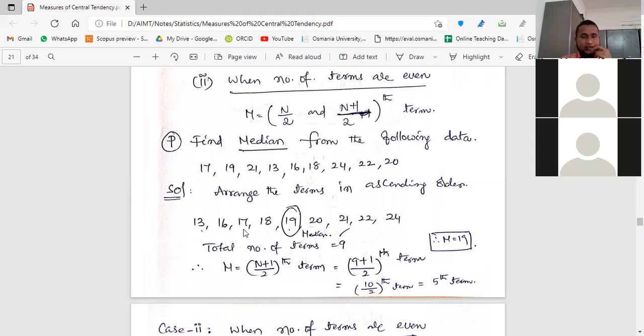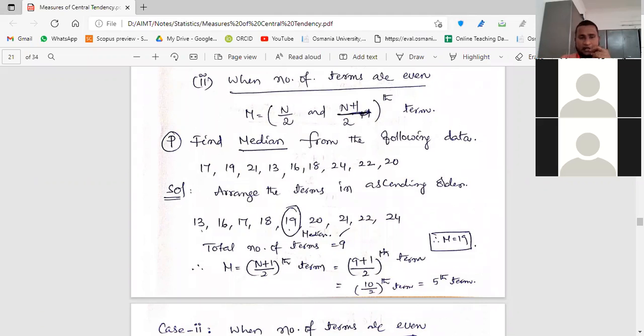So median is dividing the series into equal parts. When the 5th term is the median, on the left hand side you will find 4 terms and on the right hand side you will find another 4 terms. That is why it is the median, the mid value, central tendency. These are all measures of central tendency, the value which is located in the center.